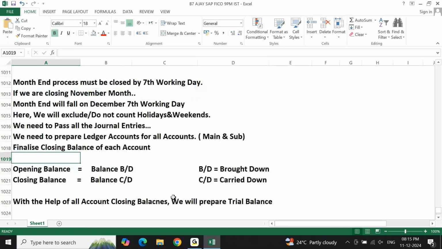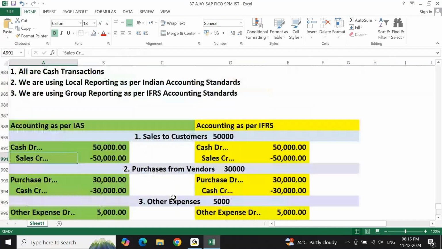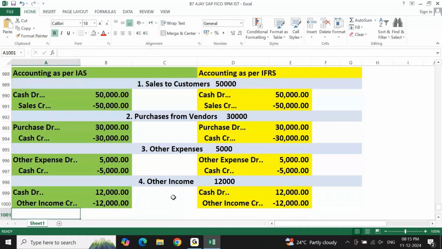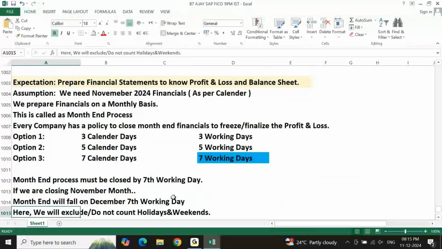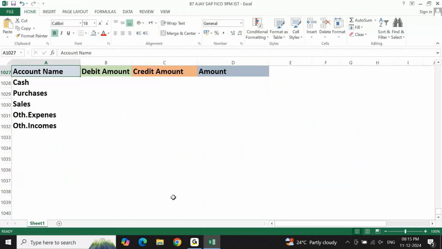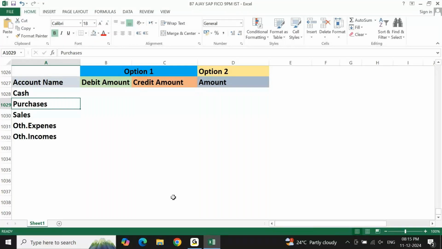Now let us also look at the amount other than cash. We will try to exclude cash because we need to find out the closing balance. For the remaining ones, we will try to understand. Sale is 50,000, purchase is 30,000, expense 5,000, income 12,000. If I come down, purchase is how much? 30,000.